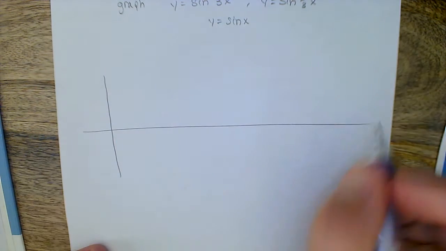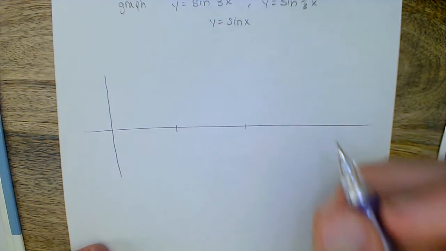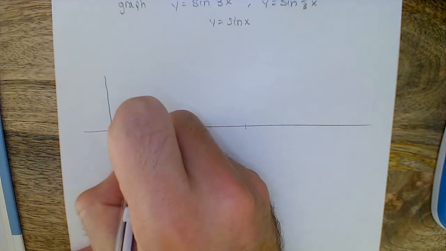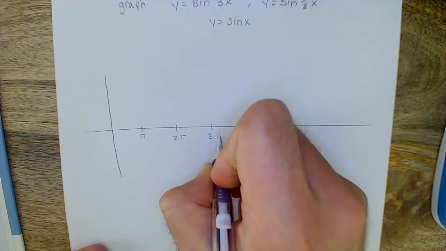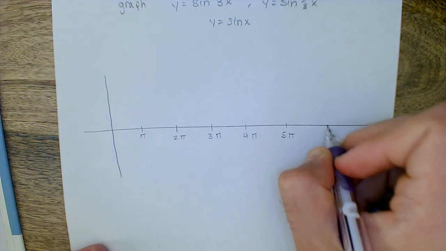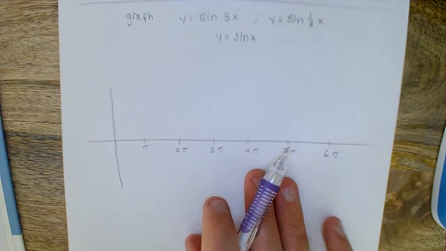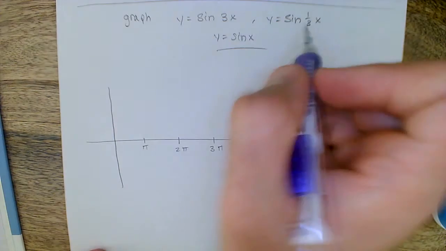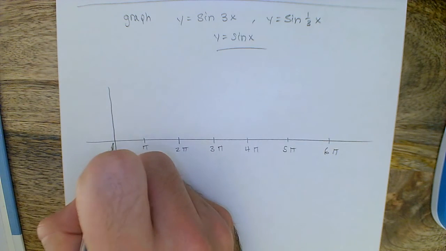Here's the normal one. I'm going to mark pi, 2 pi, 3 pi, 4 pi, 5 pi, and 6 pi. I'm going to graph one cycle of each of these functions. Let's start out with y equals sine x.